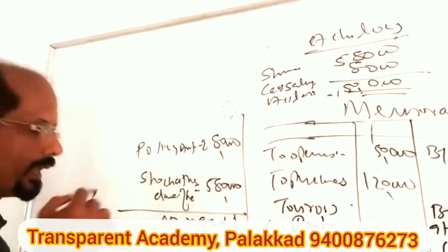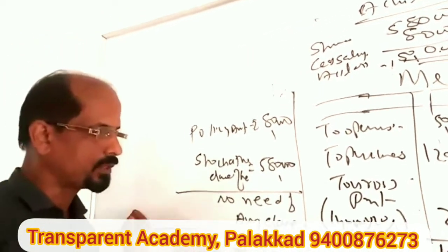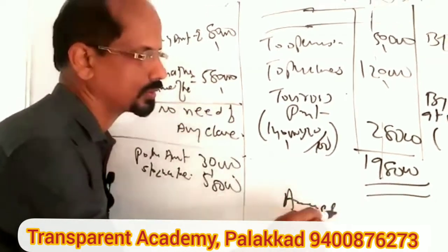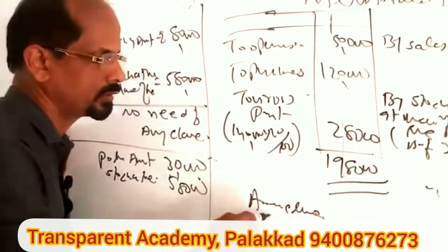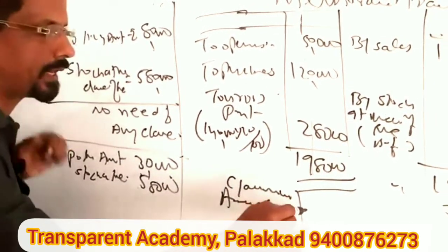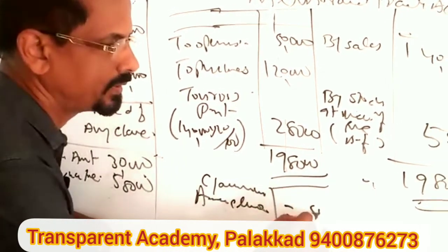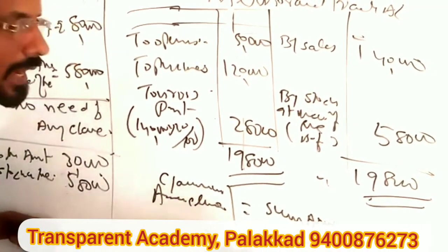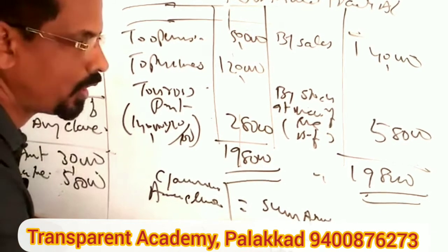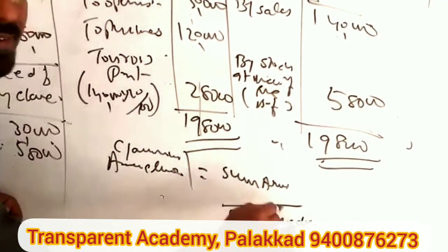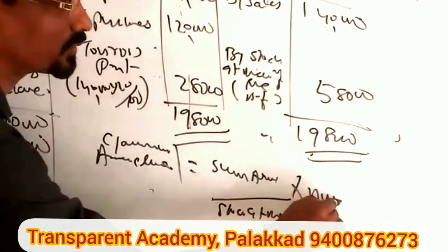And how will you apply the average clause? When you apply average clause, claim under average clause is calculated as sum assured or policy amount divided by stock at the date of fire into actual loss.